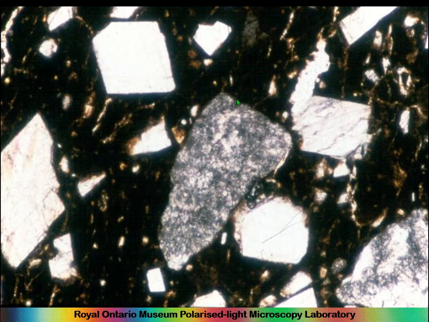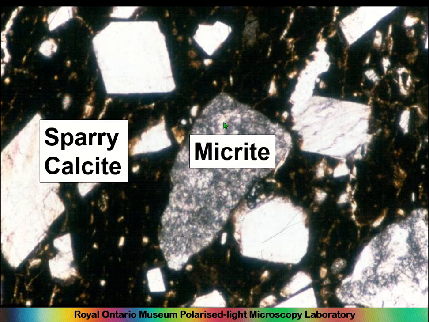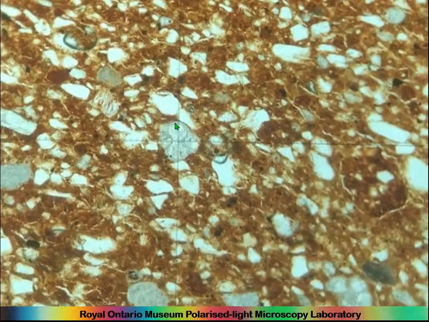And so what I'm going to show you here is, you can imagine if this was fired to very high temperatures so that this disappeared, it would be left with very distinctive rhomb-shaped voids in the pottery. The sparry calcite, micrite, same slide. And also you may have fossils, which also can fire out.